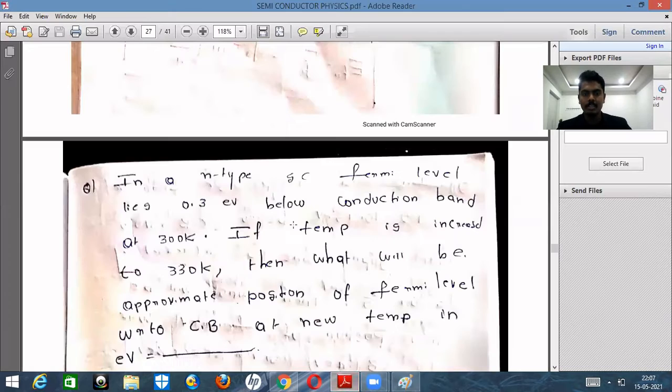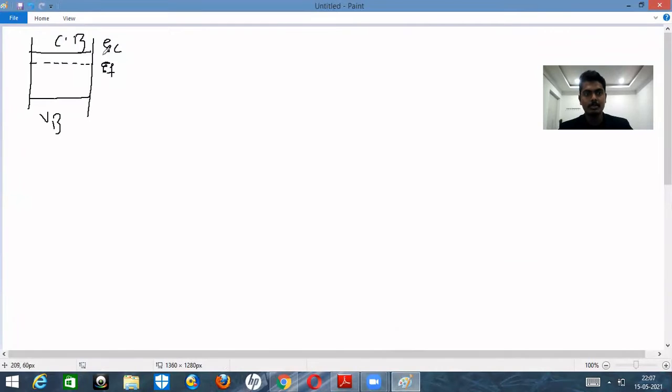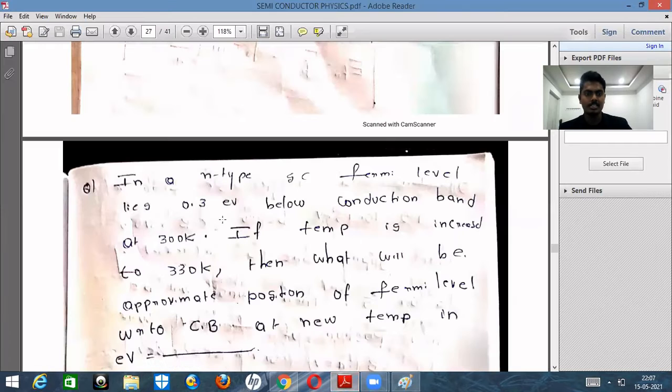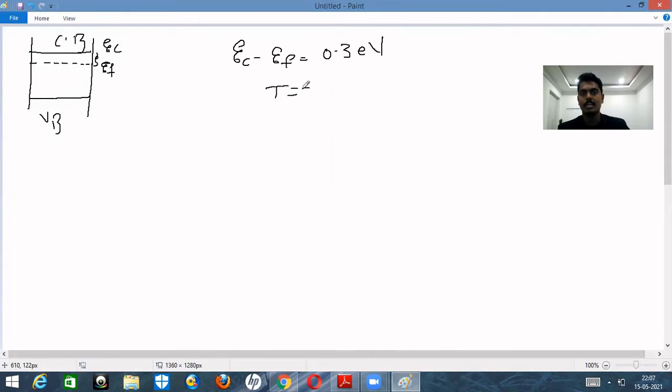They are saying that this difference is 0.3 electron volt. So automatically EC minus EF is equal to 0.3 electron volt. That is the fundamental information given, at T equal to 300 Kelvin.